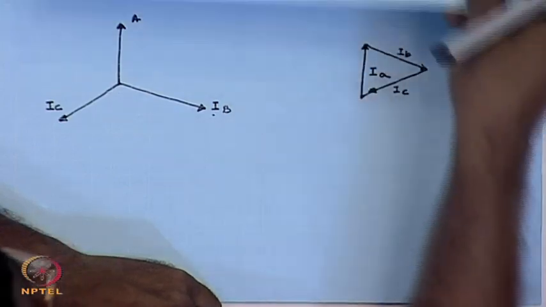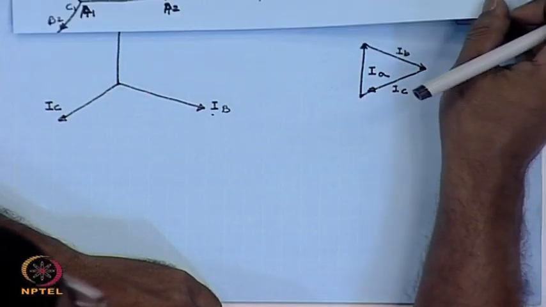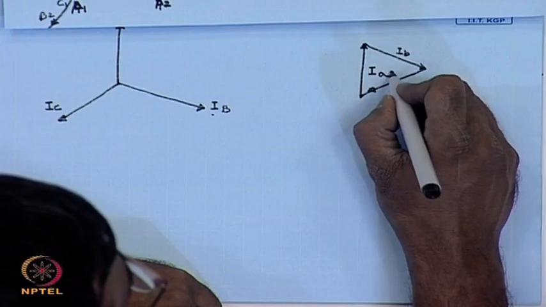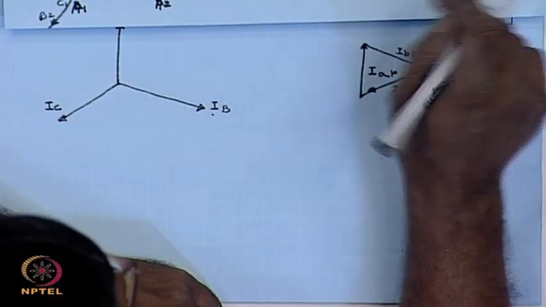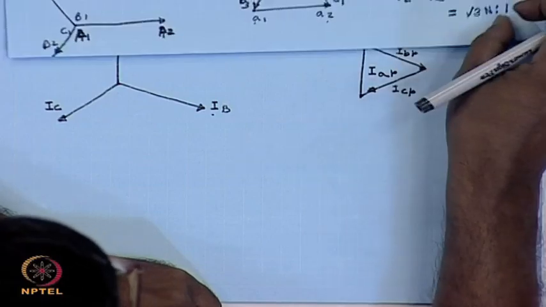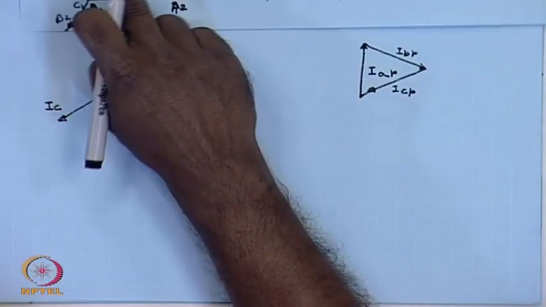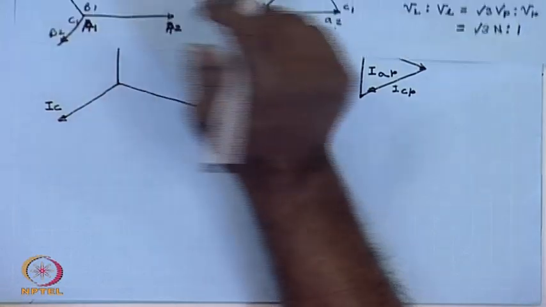What will be the line currents? Let us say capital I A phase, I B phase, I C phase. What will be the line current? Let us say line current I small a.